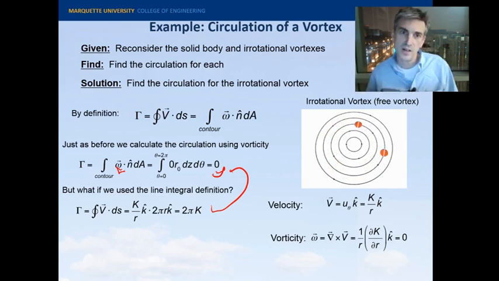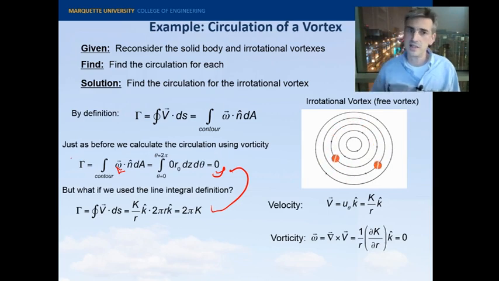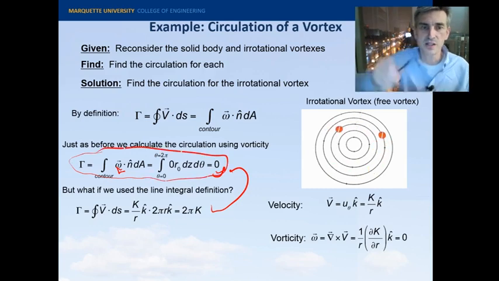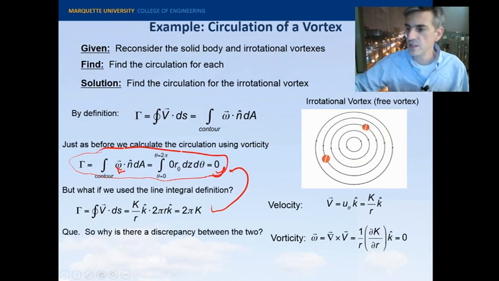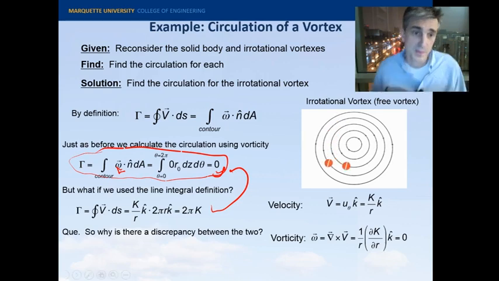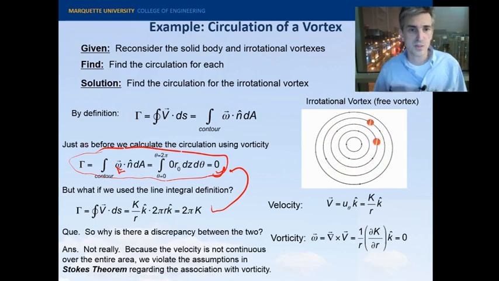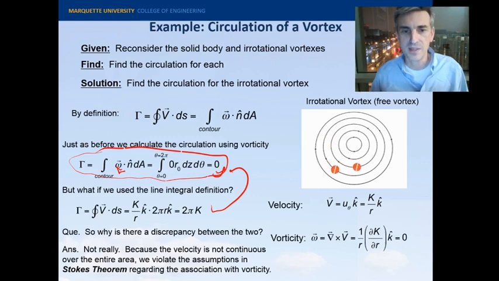So what we do is, if we pick a contour, such as a blue contour here, that includes the origin, right, then we have to follow our baseline definition. We have to use the basic definition of what the circulation is. And in that case, we get that the circulation is 2 pi k.